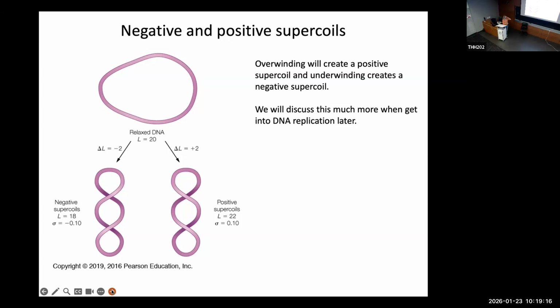And you can coil it in one direction or in the other, and that indicates a positive or a negative coiling. You don't need to worry about these numbers now. You'll talk more about supercoiling and so on as it relates to DNA replication when we get into that section with Dr. Castro. This is just some examples of the tertiary structure of DNA.